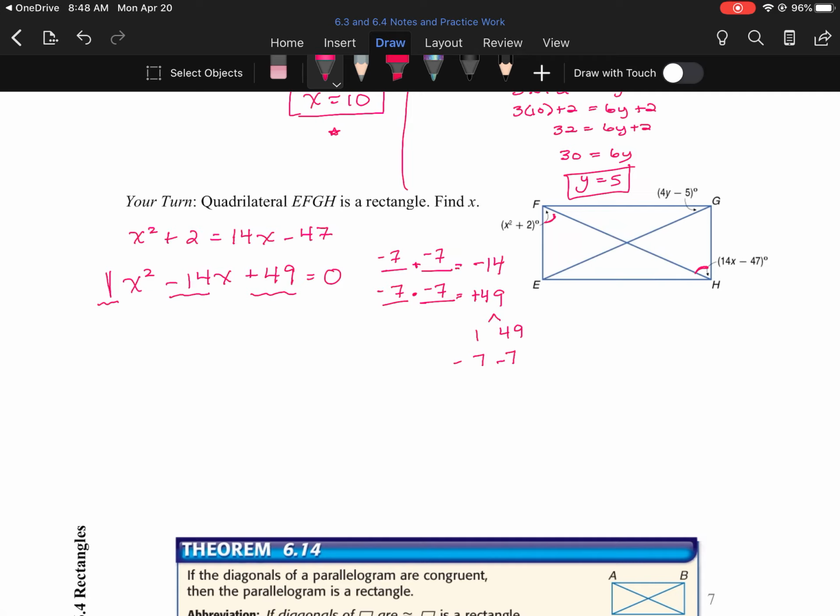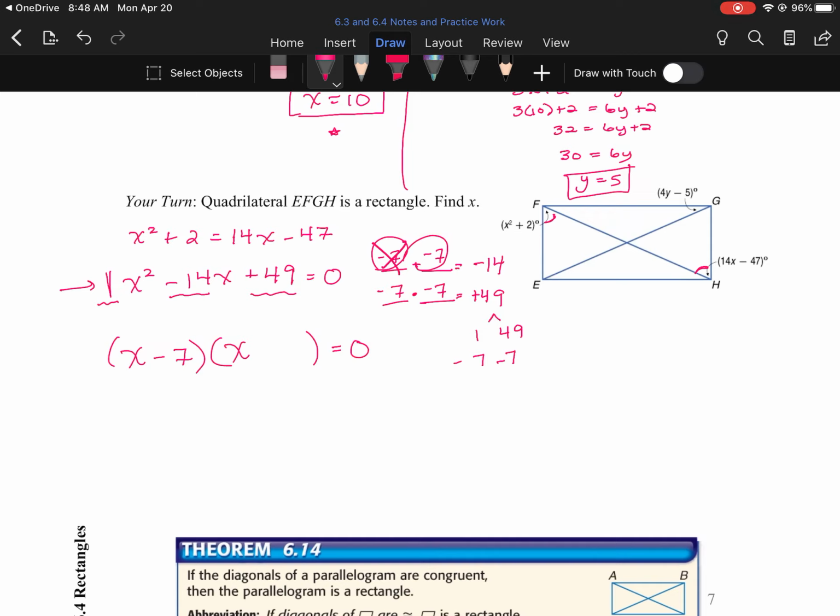Now, since this coefficient is a 1, which is all you had to know how to do back in Algebra 2, we can go right to our answer. It's going to be x and an x, and the two numbers we found go in both of those places. Since that's a negative 7, that becomes x minus 7.